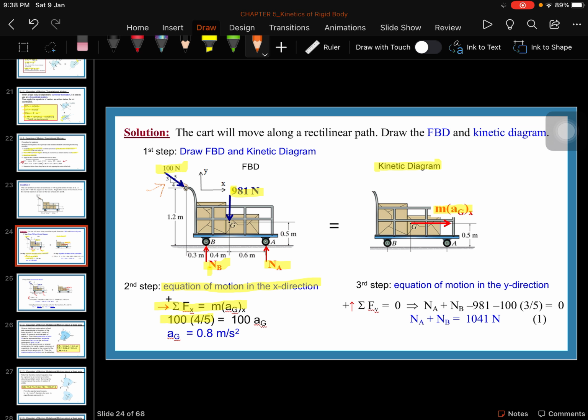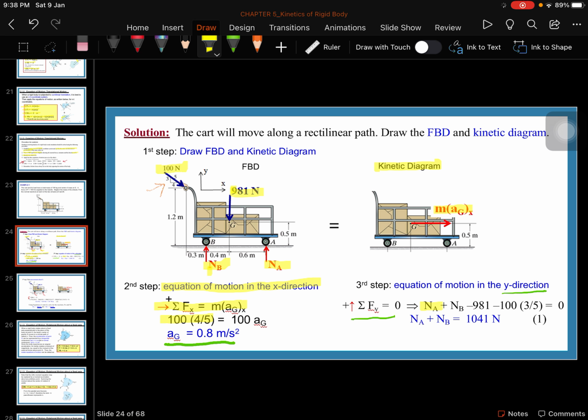So from here we will get the answer for aG. Next, equation of motion in the y direction. There is no acceleration in the y direction, so the summation of Fy equals 0.